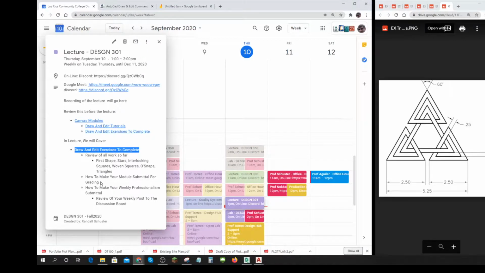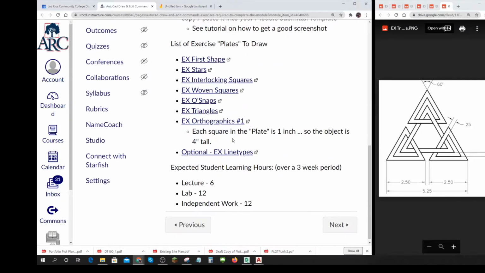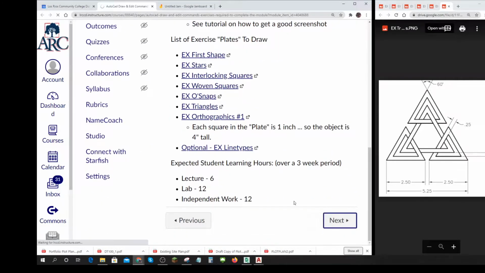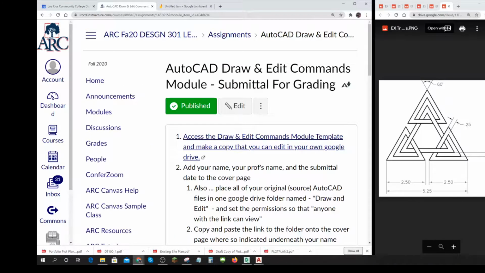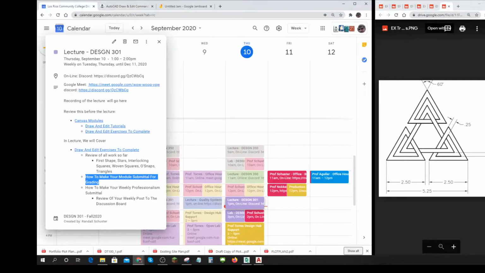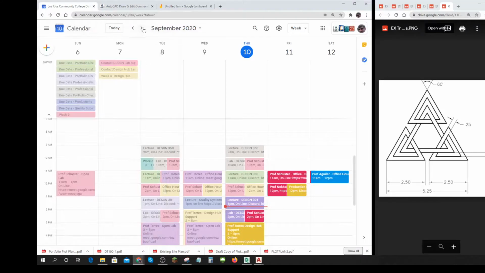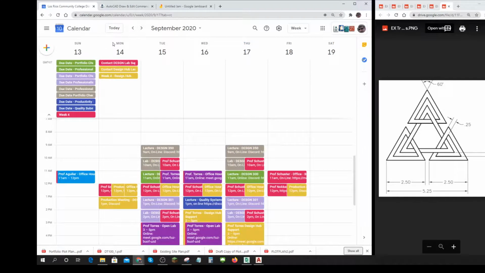So now remember, you've practiced this a bunch, how to make your module submittal. Let's take a look. This is your assignment list. So you need to go here. Where do you find that? Portfolio check print.